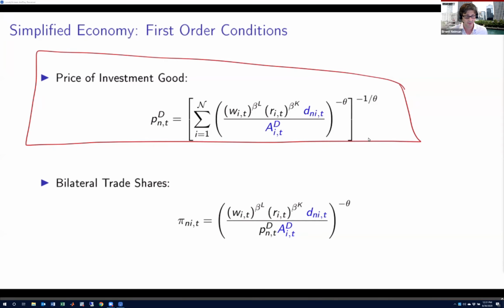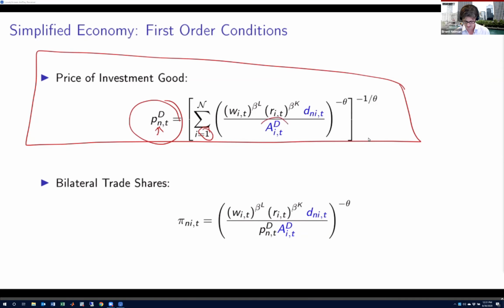That's kind of it. Here, though, is an example where in the model, the price of the investment good in country N, D for durable in country N, you can see is equal to this analytical expression that relates to objects in the whole rest of the world. Every other country I has wages, W, has a user cost or rental rate, R, has a productivity, AD.